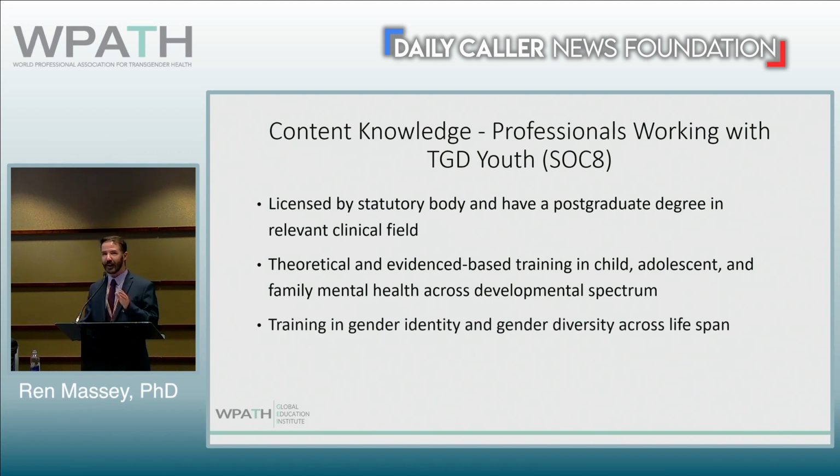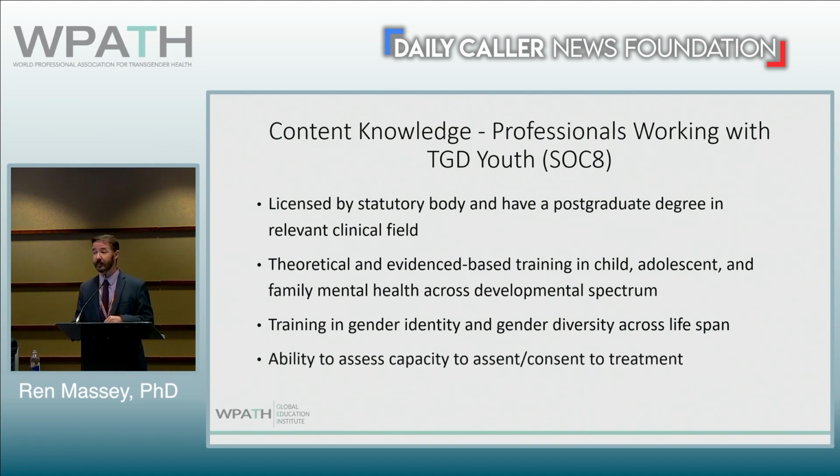And we're going to have folks talking about that later today in depth, and have training in gender identity and diversity, again, across the lifespan. And we want to help people have informed care, and so we have to be able to assess their ability to consent or assent to the care that they are pursuing or that we're referring them for.